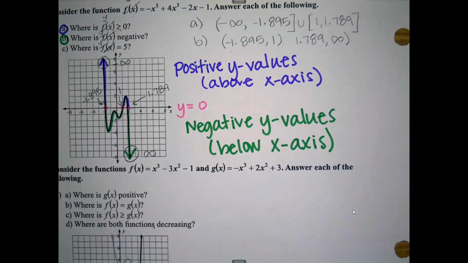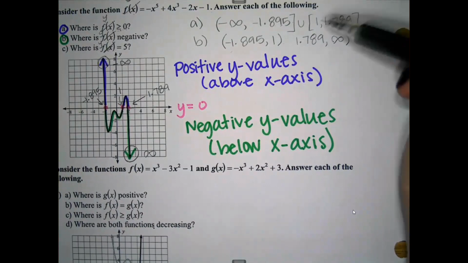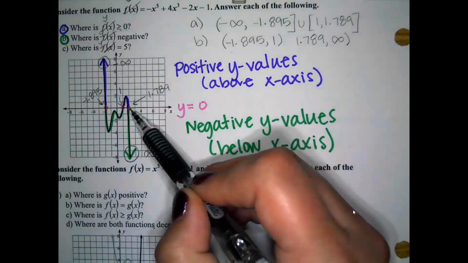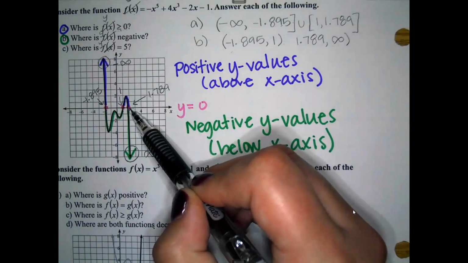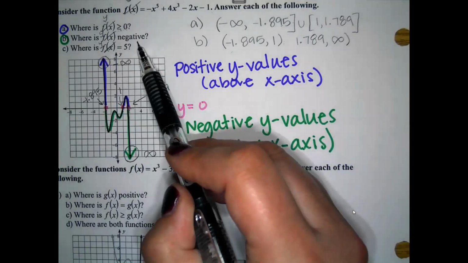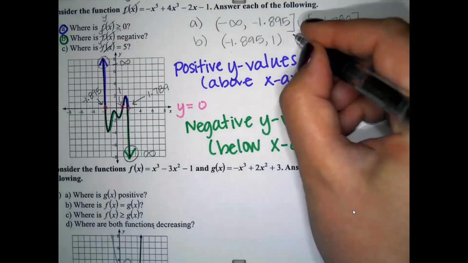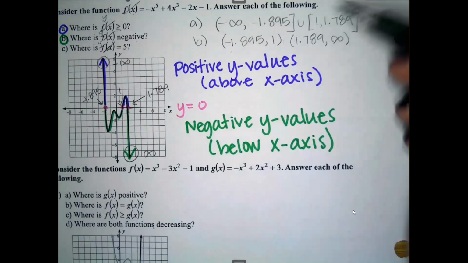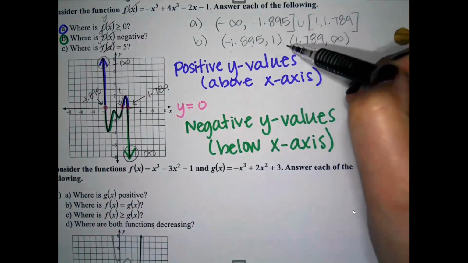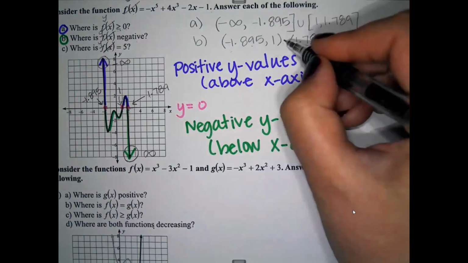It gets really, really big, but it never actually spits out infinity as the answer. If we plug in 1.789, we're going to get 0 as an answer, right? Is 0 a negative number? No. So we're going to put parenthesis. We need both of these answers, so what do we put in between? U.